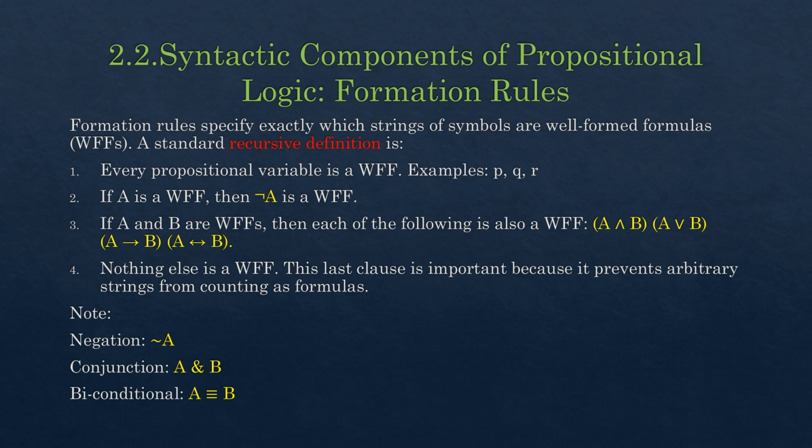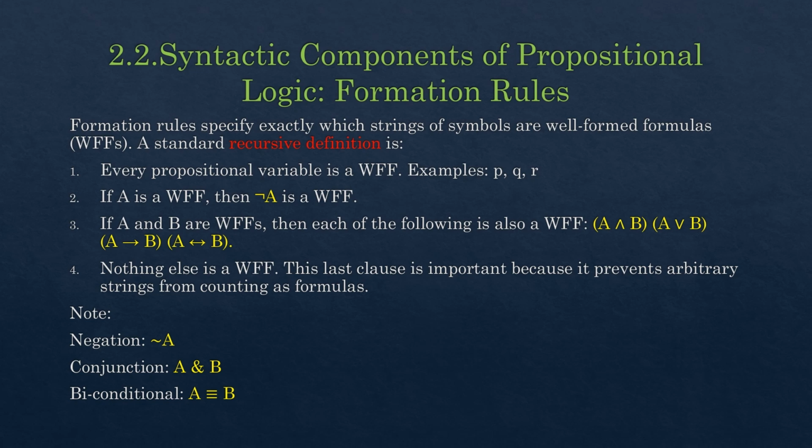For example, not A can be indicated this way. You can see here in front of the A, but negation can also be used this way. You can see below the note here, negation, and conjunction can also be indicated this way between the A and B. You can see here, and biconditional can also be associated this way.